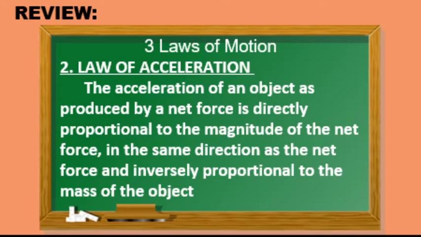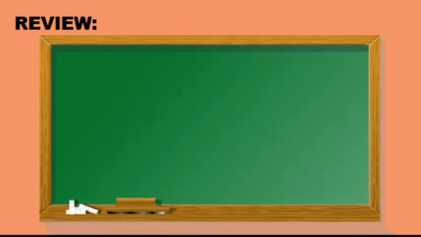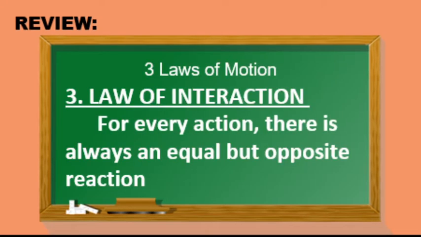The acceleration of an object as produced by a net force is directly proportional to the magnitude of the net force in the same direction as the net force and inversely proportional to the mass of the object. Law of interaction. For every action, there is always an equal but opposite reaction.